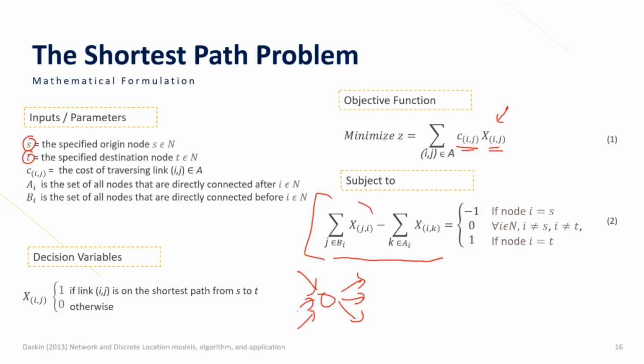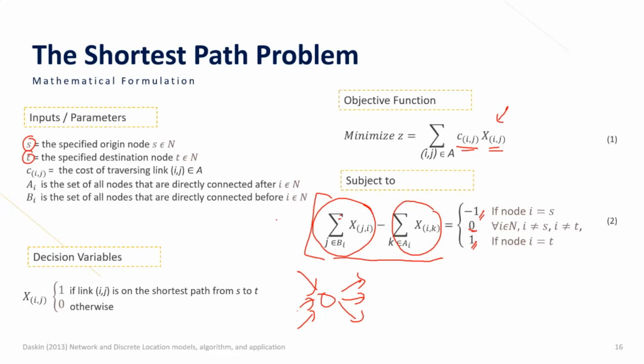And if the node is the destination, the total value of incoming and outgoing should be 1. Meanwhile, if the node is in the middle, the total sum of nodes going in and going out should be 0.